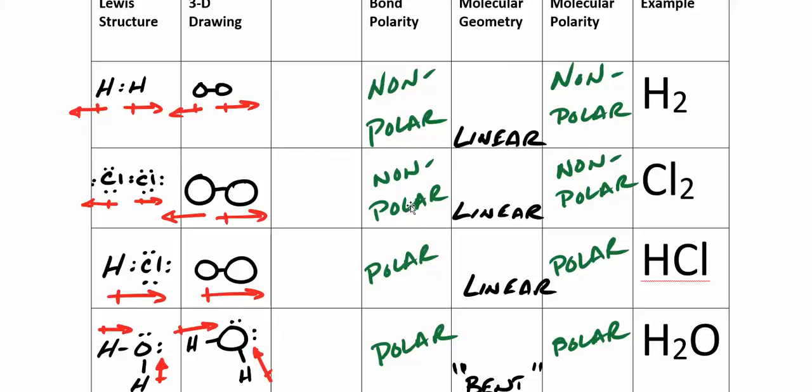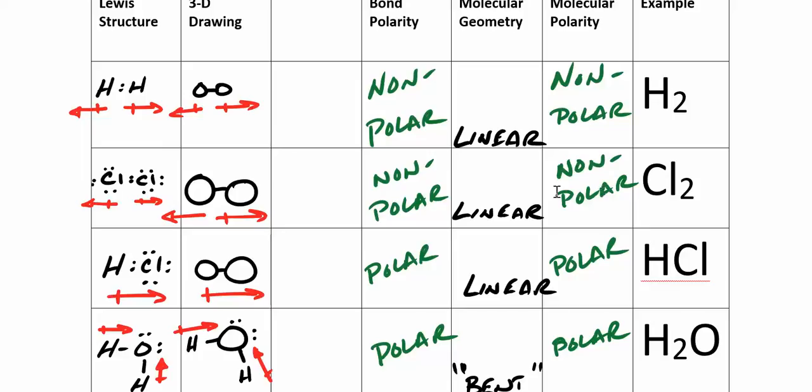Nonpolar for the bond polarity, and since there's only one bond between the two atoms, that's going to dictate the molecular polarity. The molecular polarity would be nonpolar. In other words, what we're saying here is that there is no difference on either side of this molecule. That the left side and the right side are identical. And so we call the bond nonpolar, but we call the molecule nonpolar as well.